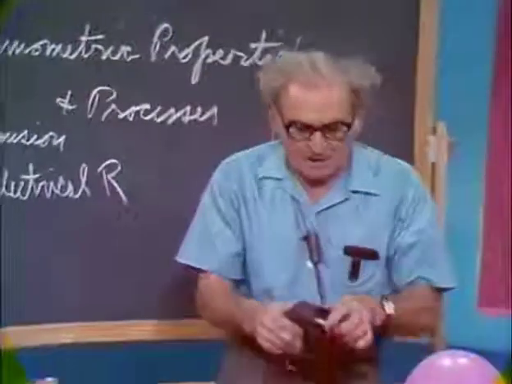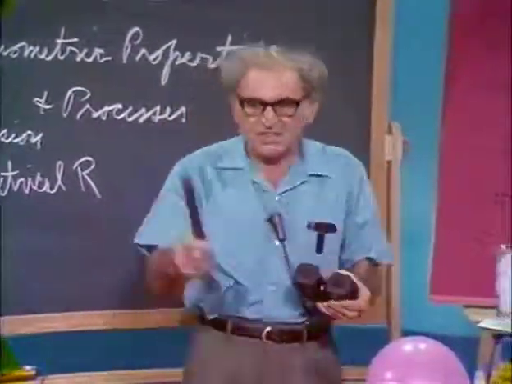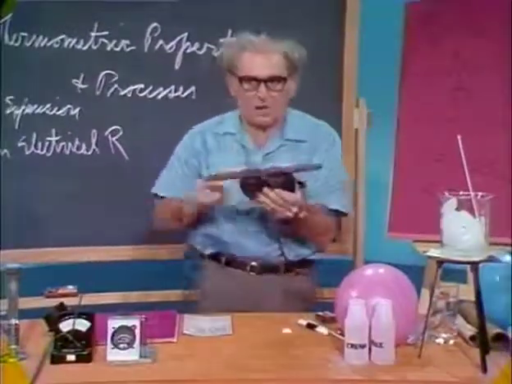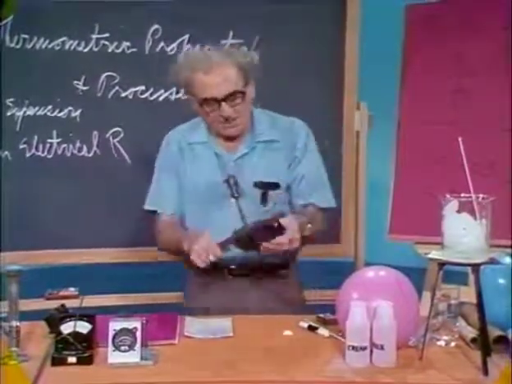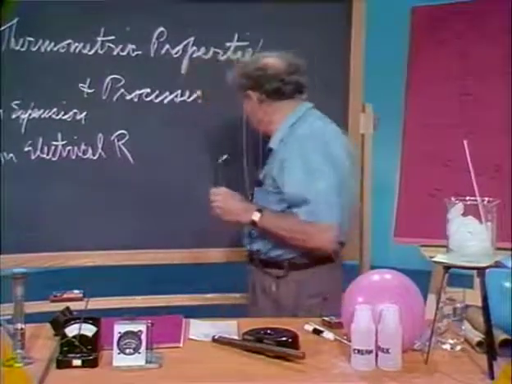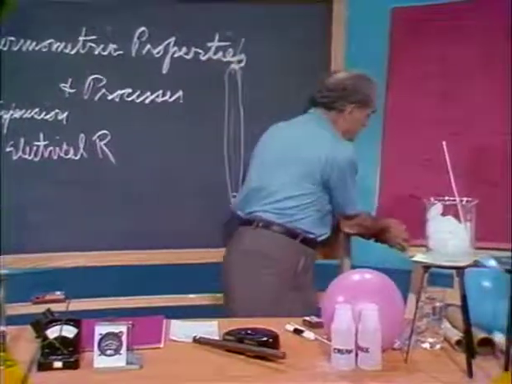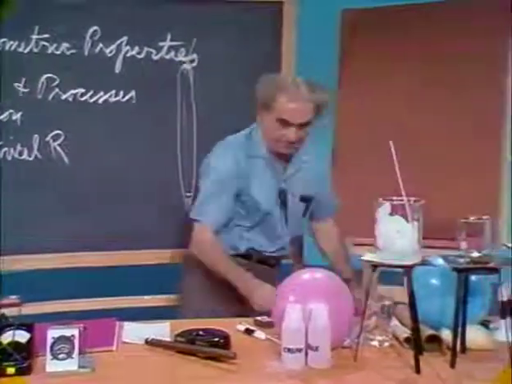Another thermometric property. Here is a very strong magnet, and here is an iron bar, and up, obviously, the bar is pulled onto the magnet by magnetic forces. Now, what would I do? This has to be a virtual demonstration.